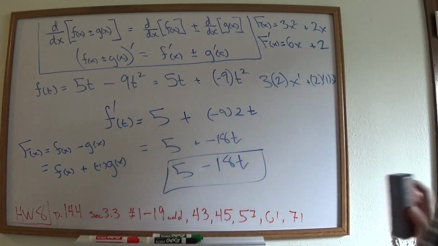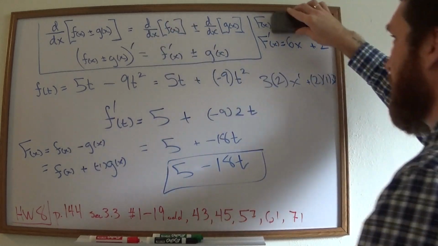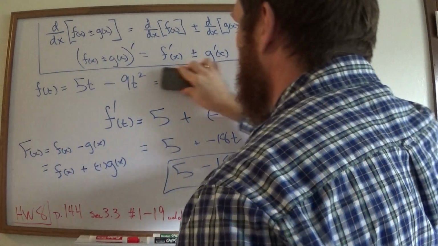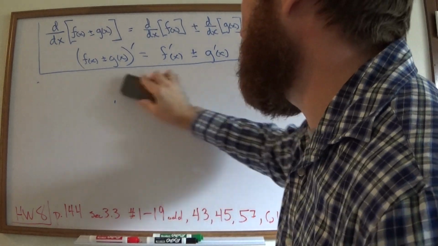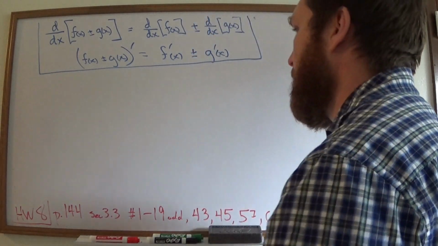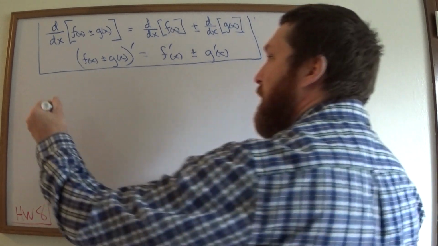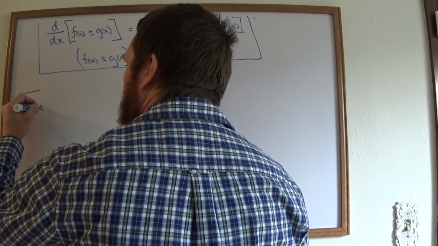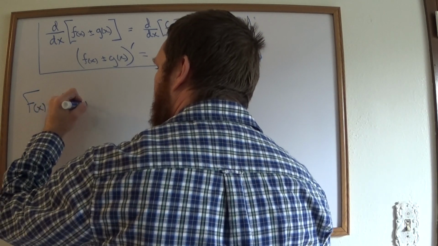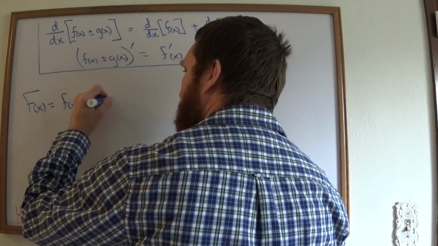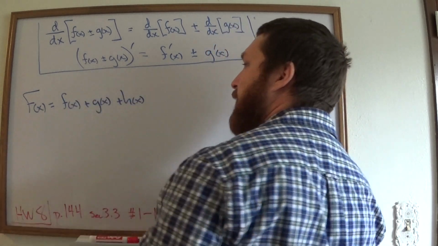Okay. Now this result generalizes, and this is what's really nice about it, because now nothing can stop us. Let's say we had some crazy function that was actually the sum of a bunch of functions, and let's just start with 3.